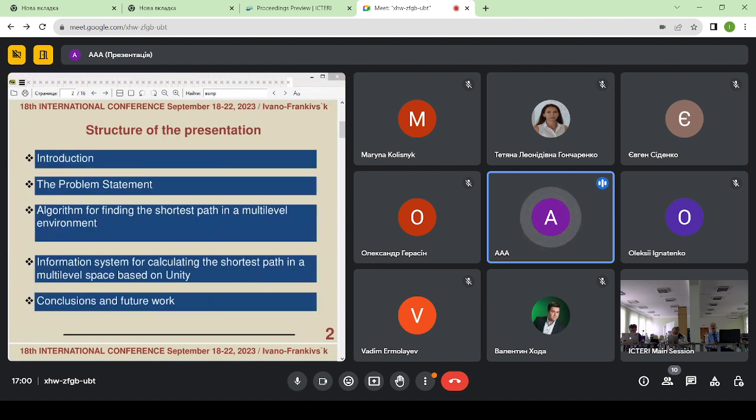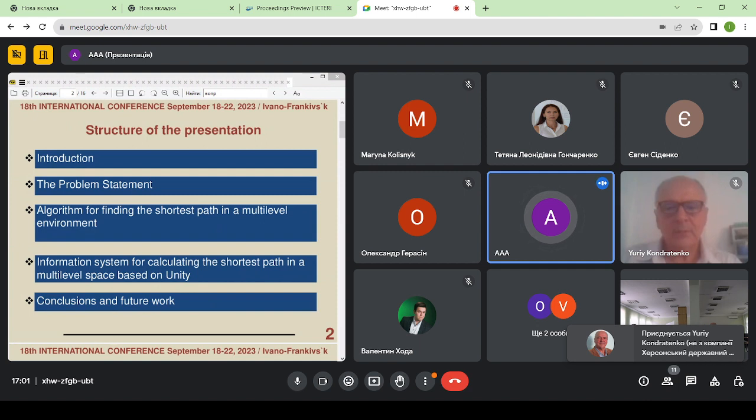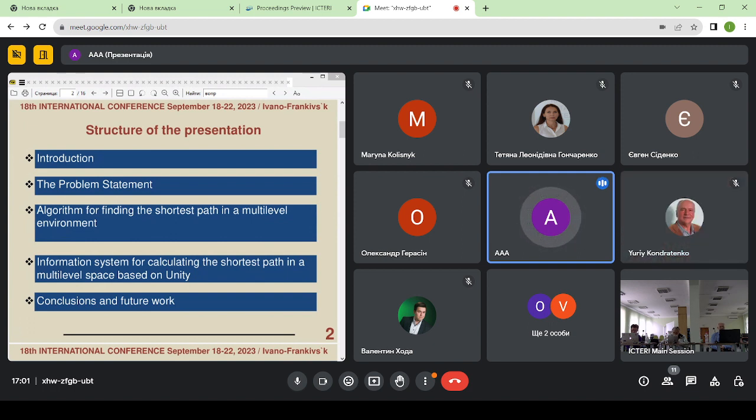My aim for today's presentation is to give you information about the introduction, the problem statement, the algorithm for finding the shortest path in a multi-level environment, the information system for calculating the shortest path in a multi-level space based on Unity, conclusions and future work.